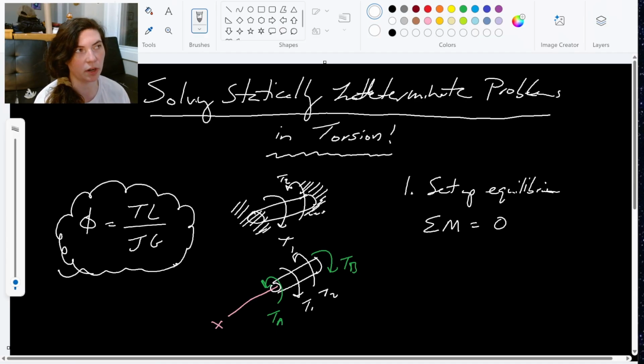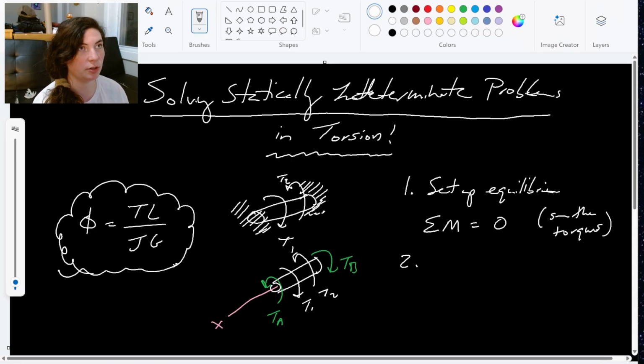Right, so we can set up our equilibrium, take a sum of all of the moments. Here I'm using torque and moment interchangeably, right? Moment is just a torque that doesn't move, but they're the same, rooted in the same idea. So we're going to set up our equilibrium, take a sum of all of our moments, which just means summing up the torques. Sum the torques that you have here.